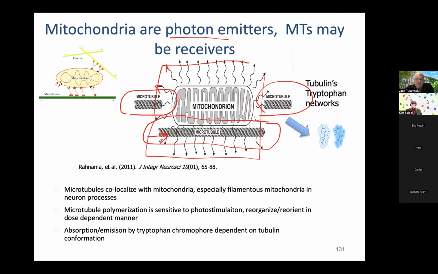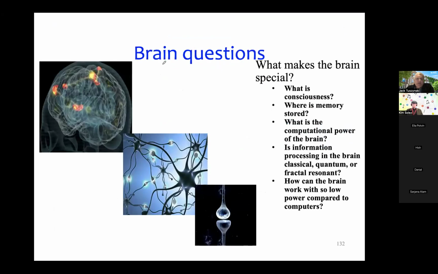Okay, so this leads us to the sort of last part of my lecture series. We now zoom out a little bit and address the questions regarding our brain, what makes the brain special, and what is consciousness, and where is memory stored.